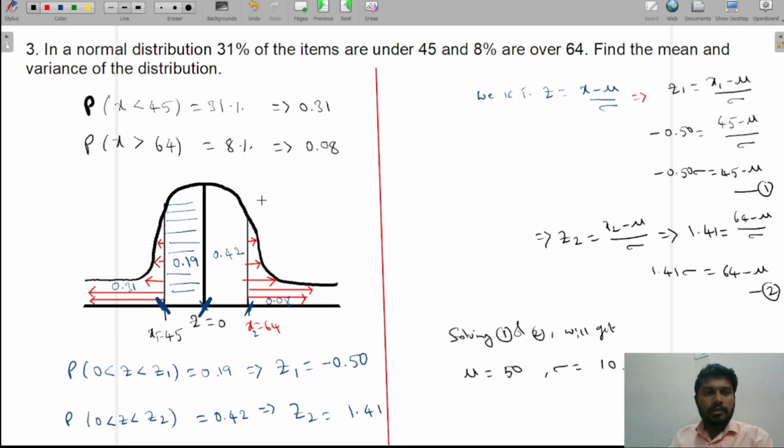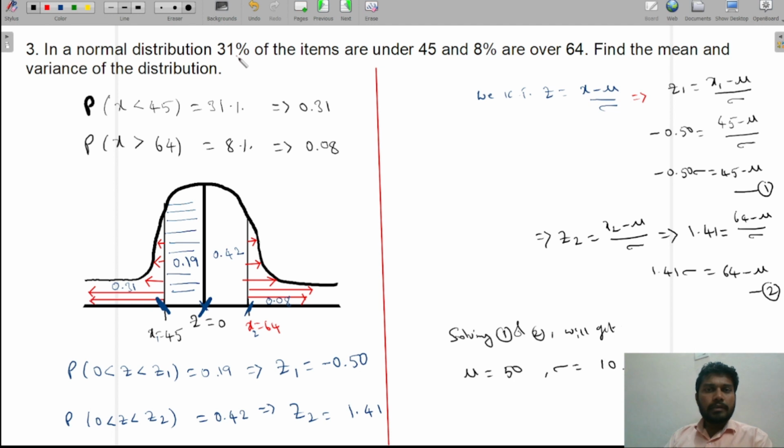So let me quickly revise once. In a normal distribution, 31% of the items are under 45 and 8% are over 64. Find the mean and variance of the distribution.